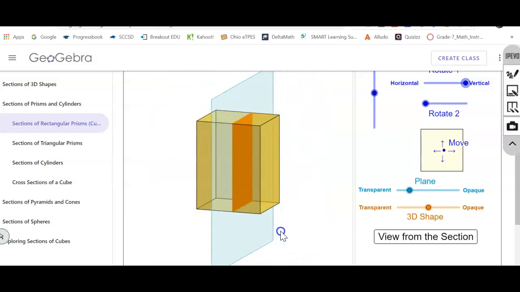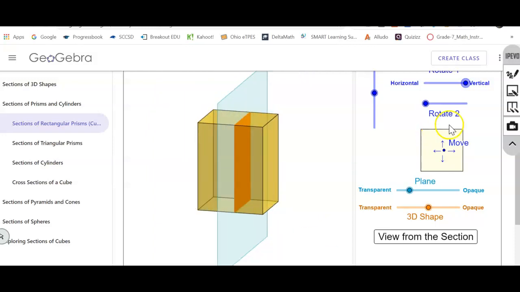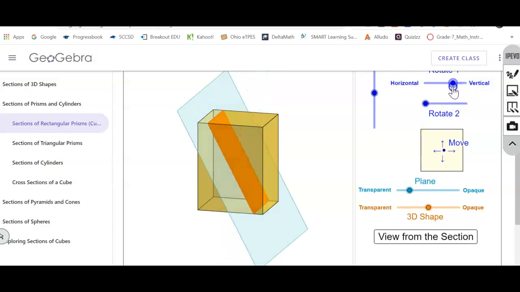Now look at this though, we can then go halfway. What shape do we got now? From this perspective, it's kind of tricky to tell, isn't it?